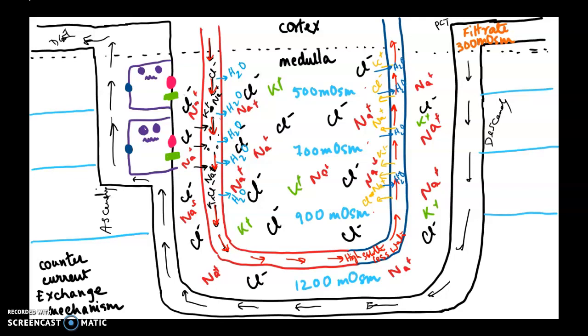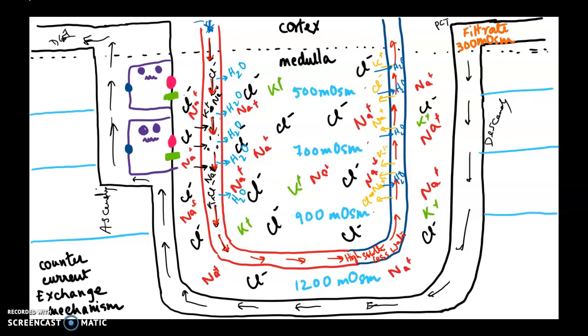What else did we learn? We are looking at the blood, right? As blood moves down the vasa recta, salt gets into the capillary and water gets out of the capillary, as shown by the black arrows and the blue arrows.